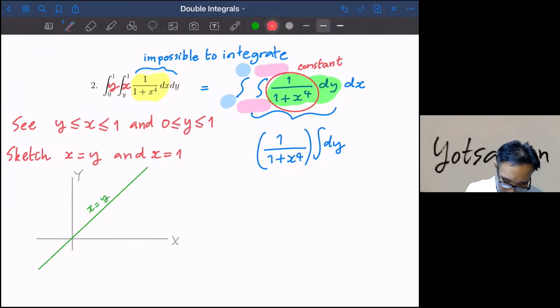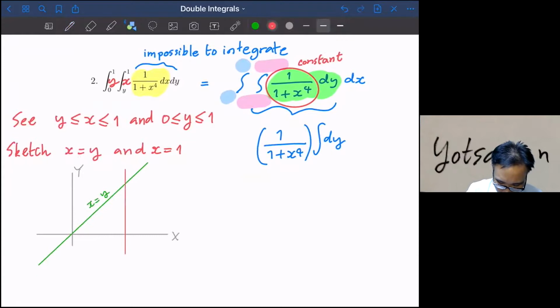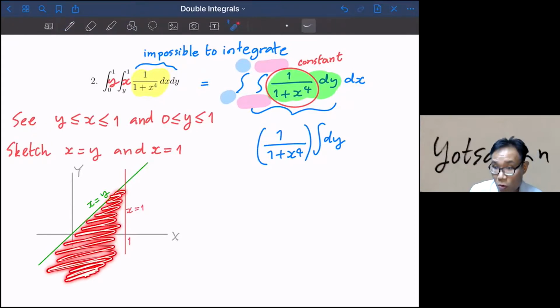And you also have x equal to 1, which is this vertical line. So this is 1, and you have x equal to 1. Okay, and you see that it's going to be the region bounded by these two curves. So it's not the whole thing.